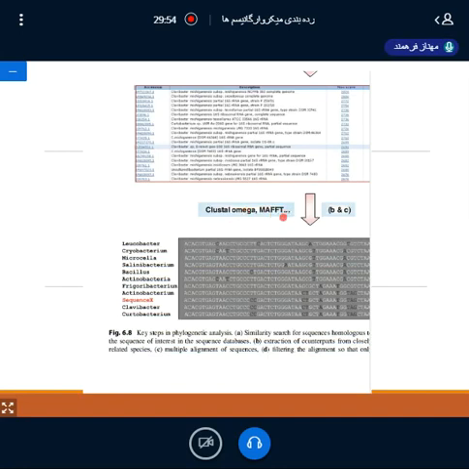The program can tell us the similarity of our sequence with another genus sequence, the sequence that is similar.